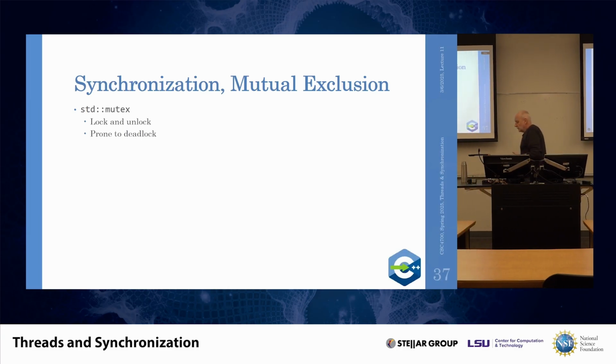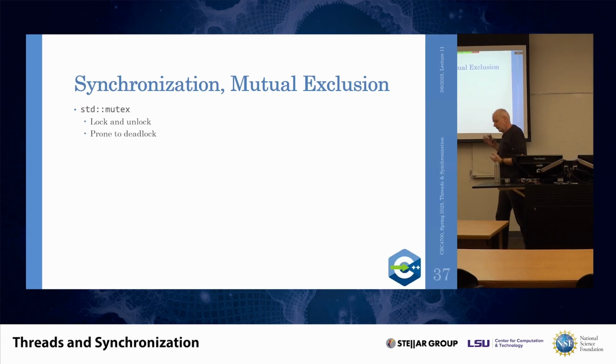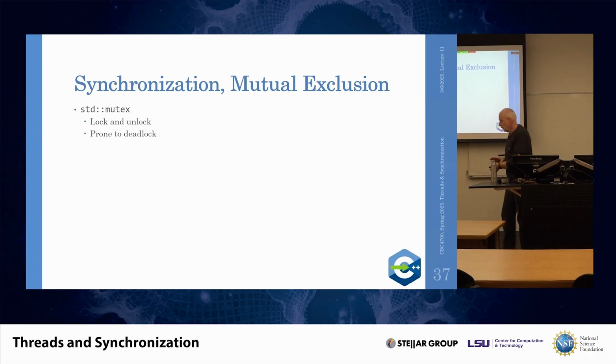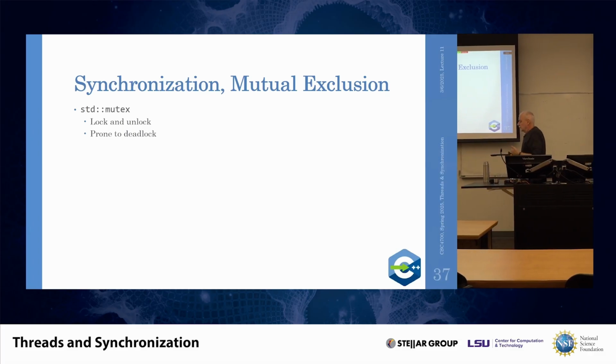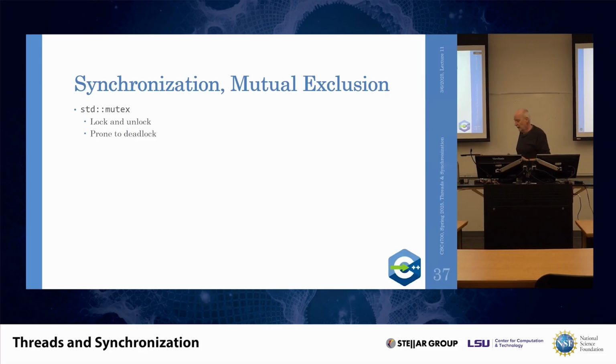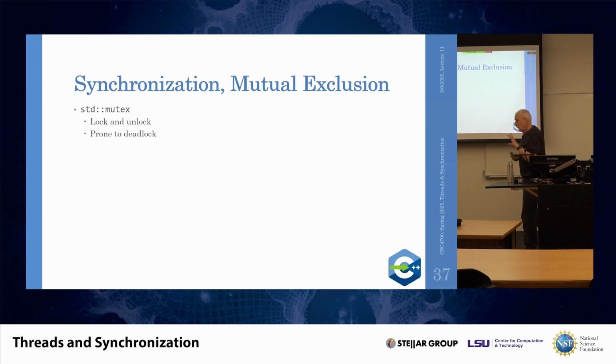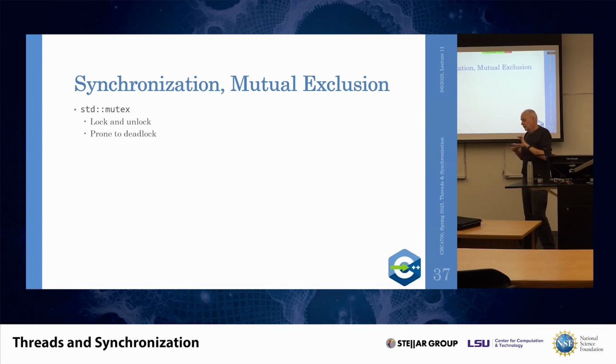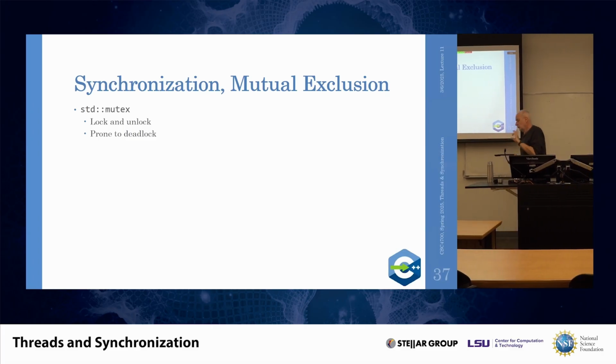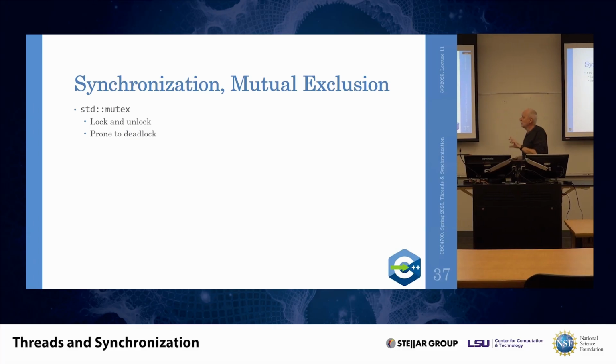So what we need is some way to synchronize, and I think we talked about that at some point already. There is a notion of a standard mutex, which is a way to prevent multiple threads from executing a certain piece of code, to create a critical section which guarantees that only one thread executes that code.